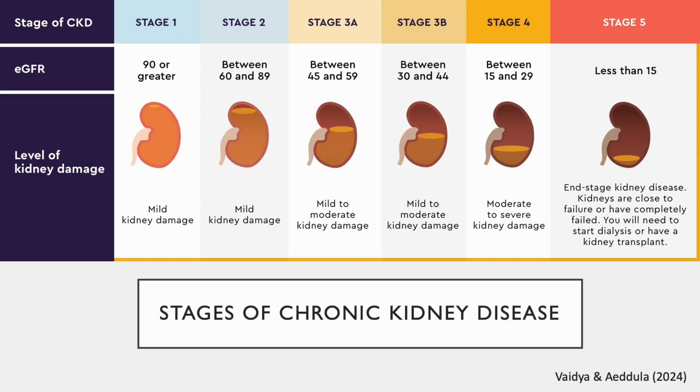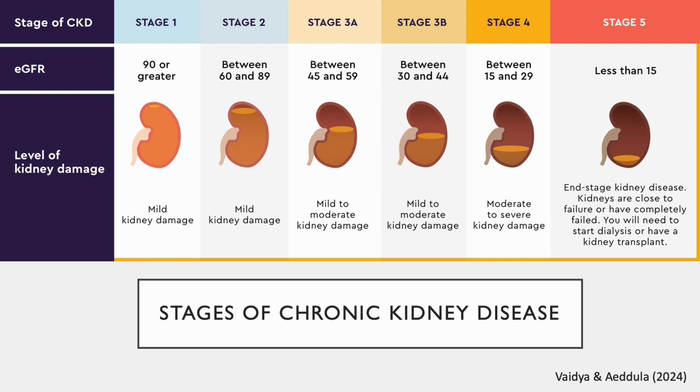So here are the 5 stages of CKD based on the glomerular filtration rate, which measures kidney function. Stage 1 is when GFR is normal, but there may be some kidney damage. As CKD progresses to stage 5, kidney function declines significantly, and patients may require dialysis or a kidney transplant.